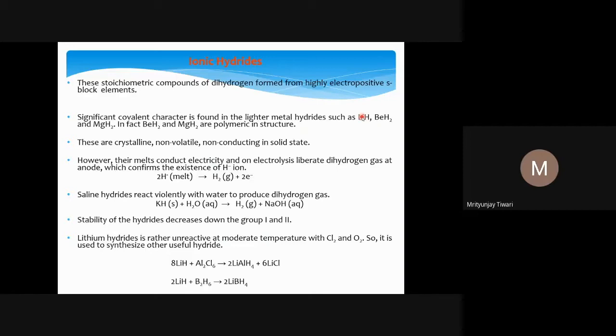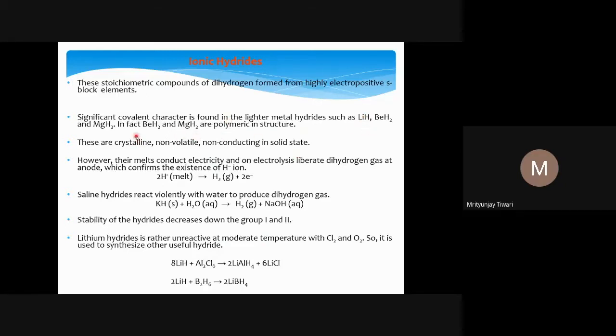Because of that, it will attract electrons from the anion, and the electron density will be shifted towards the metal. That shift is called polarization in scientific terms, and that polarization causes covalent character in ionic compounds.